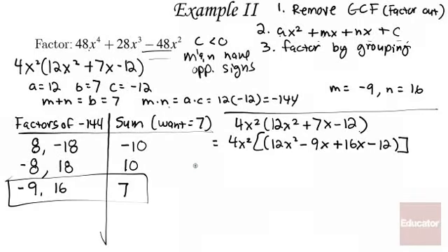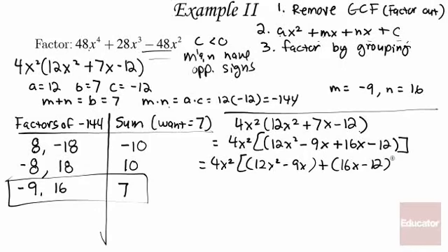So I'm going to group my first 2 terms, 12x squared minus 9x, and my second 2 terms, 16x minus 12. Remember, with factoring by grouping, what you're going to do is look at your 2 sets of terms and factor out the greatest common factor.